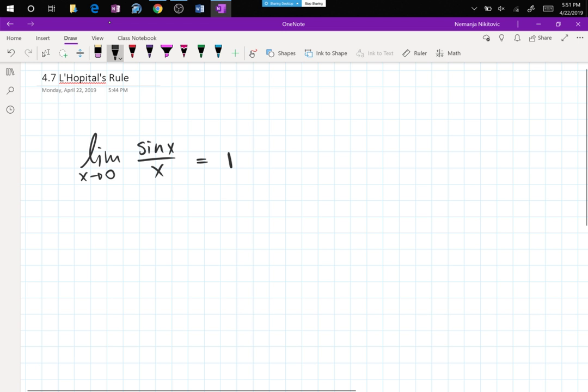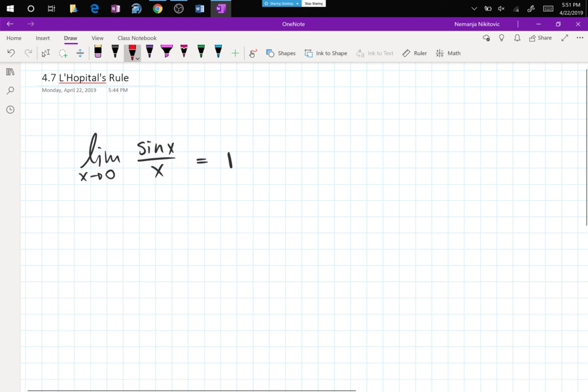So what is the way to solve this particular limit? Well, we have what we call indeterminate form in this case. The easiest way to solve limits when possible is to plug in the value you're approaching, and if that works out to be a straightforward calculation, you're done.